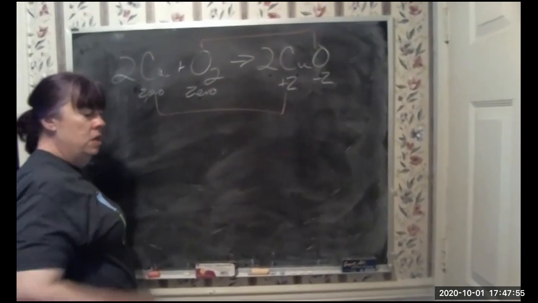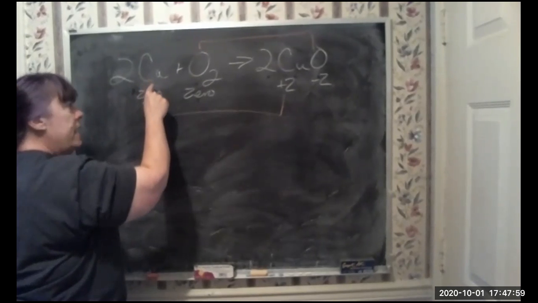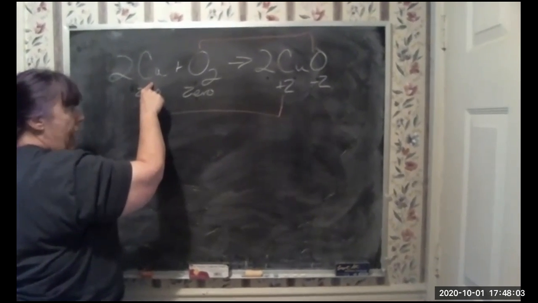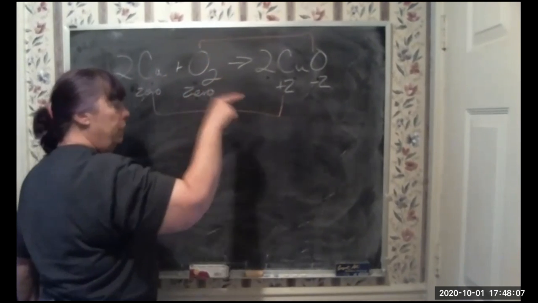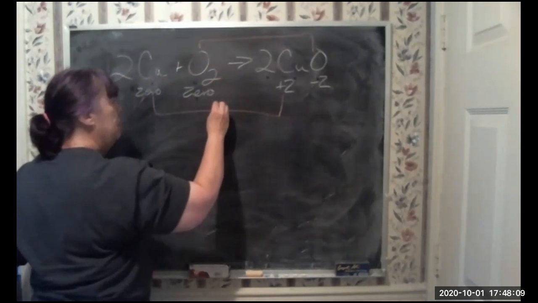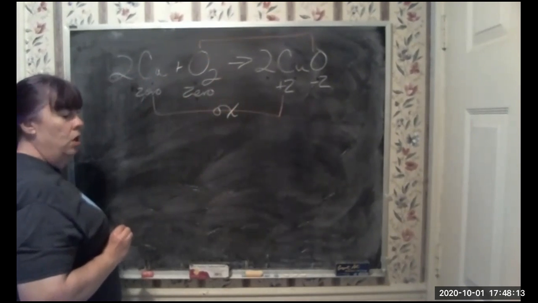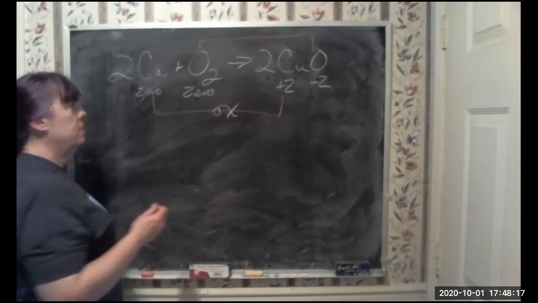Connect them in the direction of the arrow, and look at what has happened to them. Copper started out as a 0, and it went up to +2. So this is telling me that I have an oxidation occurring. Copper got oxidized. It lost electrons.